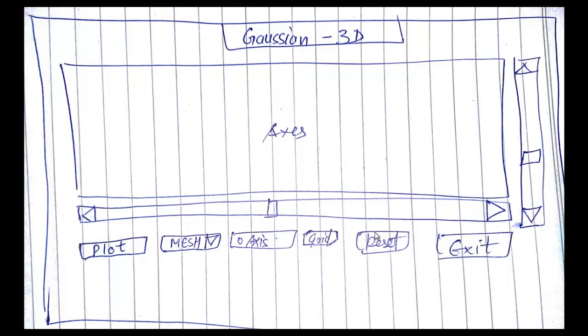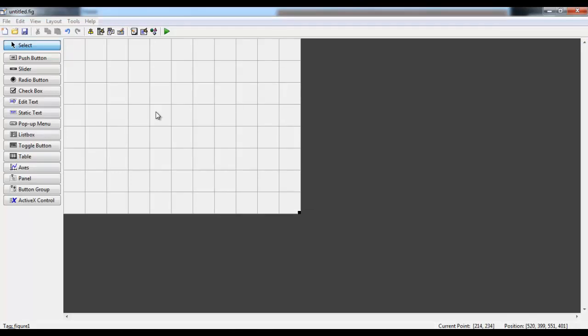Okay, so let's start creating this GUI. Before starting, you must take care of one thing: whatever I will be doing in this video to create a GUI, you will follow the exact same steps, and you will not even rename the components. The name I have defined here, you will use only that name.